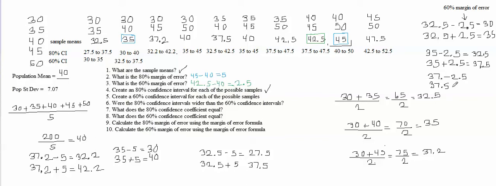This should be 37.5 minus 2.5. Sorry, not 37.5. 37.2, because that's the mean of sample 3. It's always the mean of the sample plus or minus the margin of error.